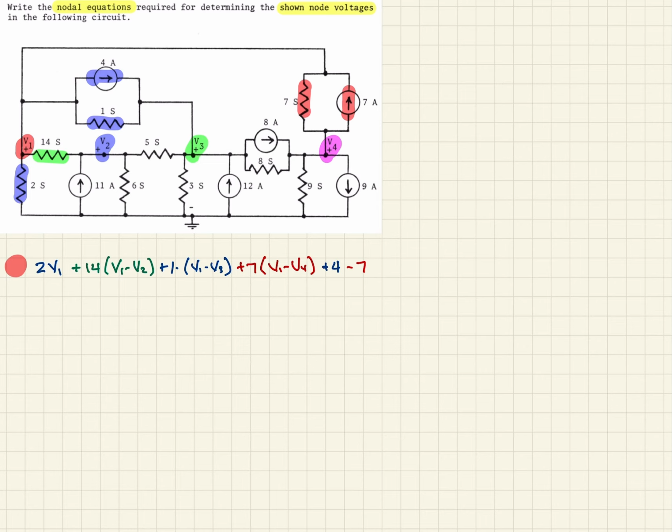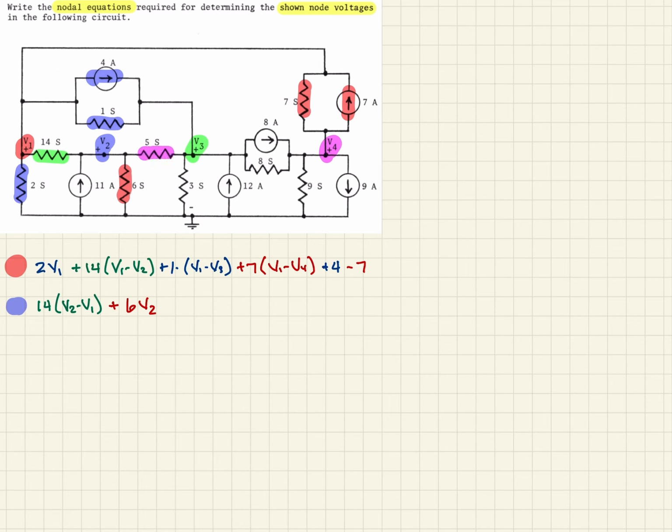So next we will go to V2, which we've designated as blue. So the first thing we see is the green resistor, and so that's 14 times V2 minus V1. Again, just the differences in voltages. Next, we're going to have this guy, the 6, and so that one's simple enough. That's just 6 times V2 because it goes to ground. And then the next one we want to look at will be this 5.